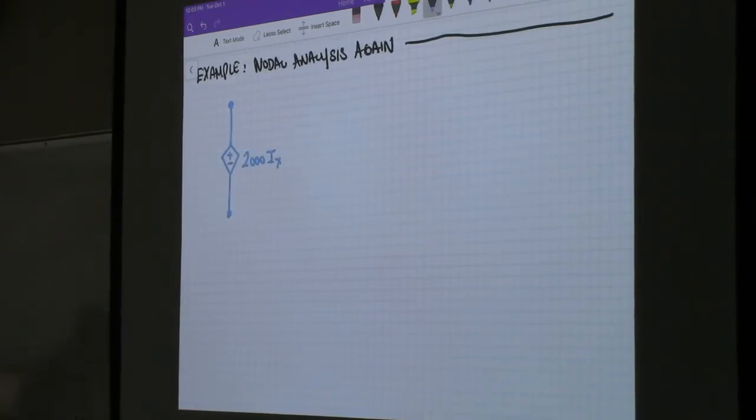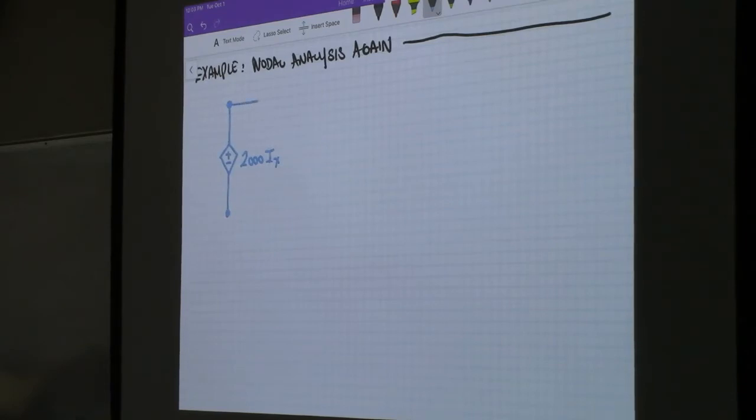We have a dependent current source, which is equal to 2,000 times this value Ix, whatever that is. We'll show in a second what it is.